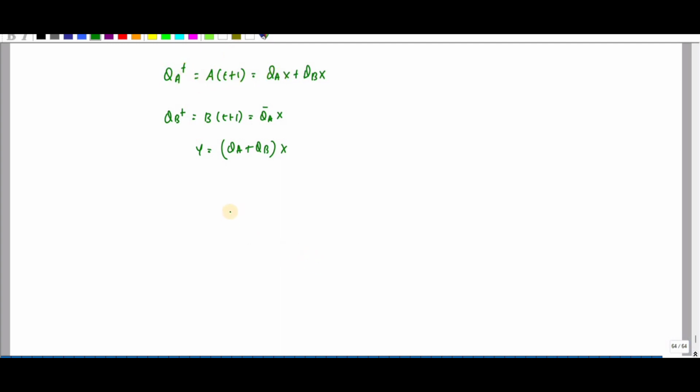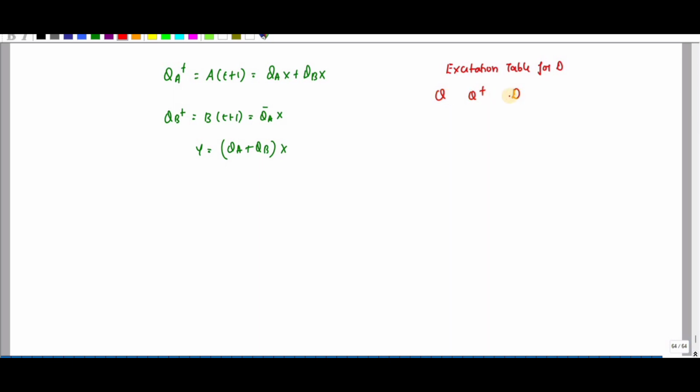They have asked to implement this using D flip-flops, so we must write the excitation table for the D flip-flop. Here Q+ is the next state, Q is your present state, and D is your input.